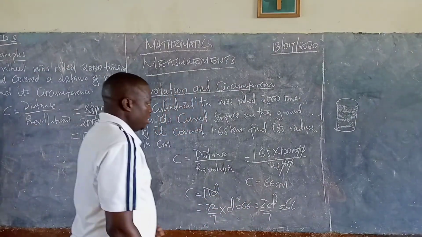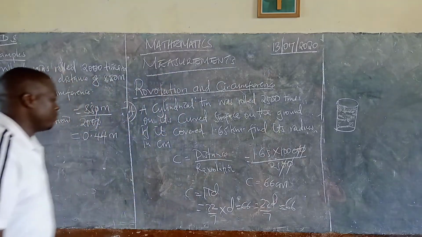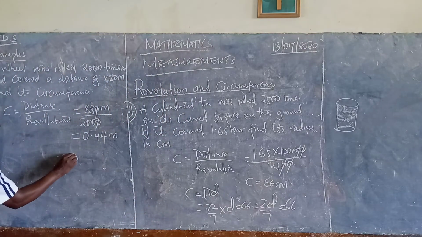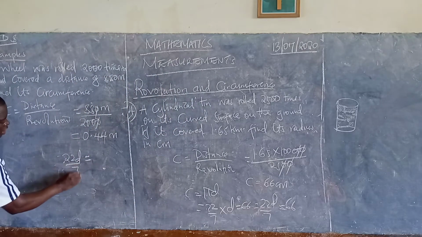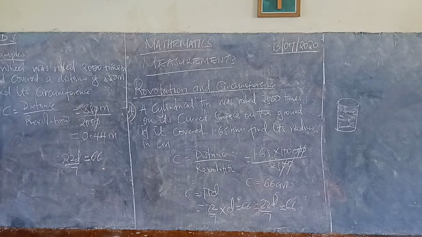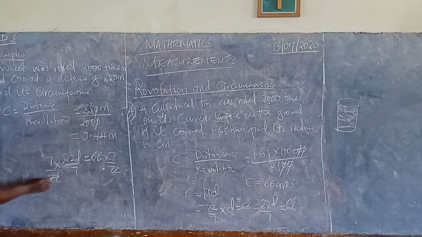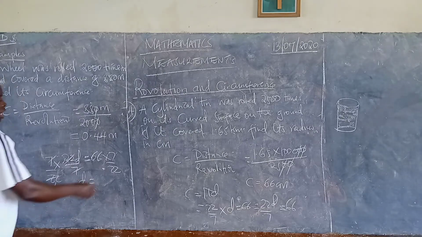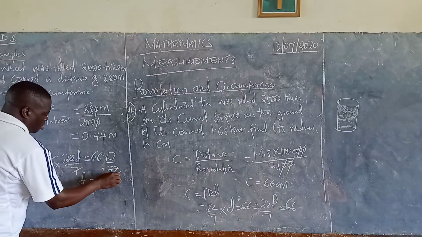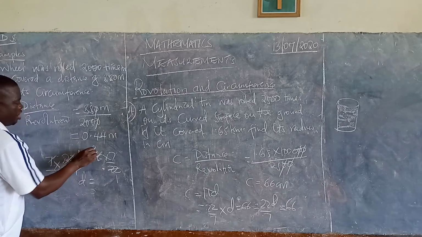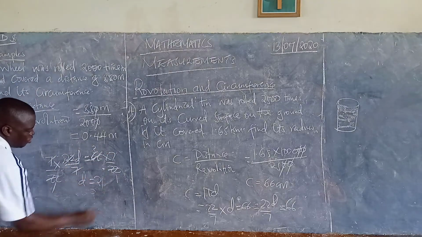So we have 22d/7 is equal to 66. We are going to use a reciprocal of this, so multiply by 7/22 on both sides. 22 and 22 cancel, 7 and 7 cancel, and you remain with the diameter. 22 goes into 66 three times. 3 times 7, we have 21.